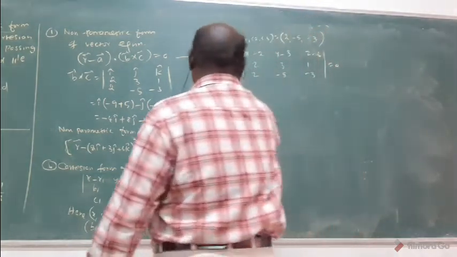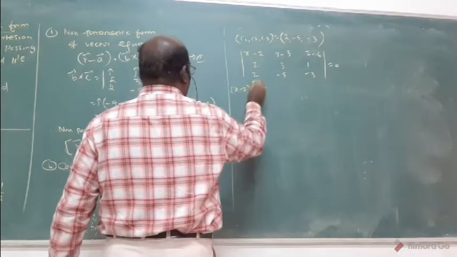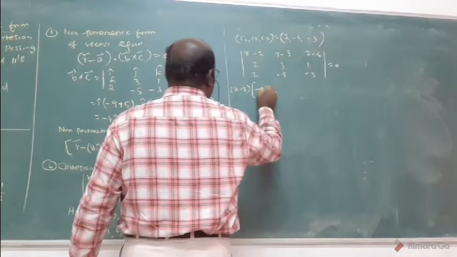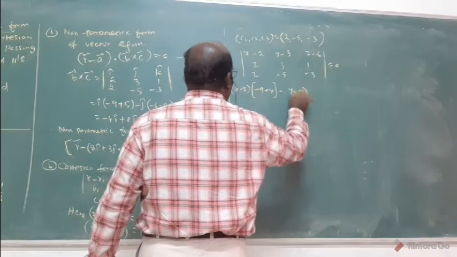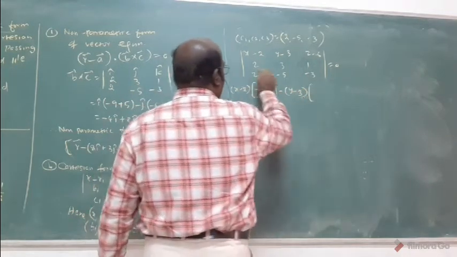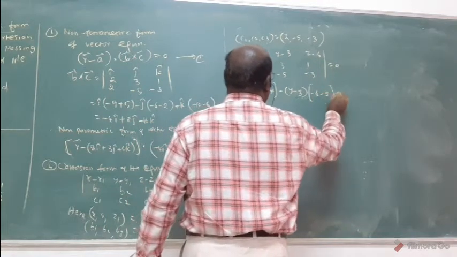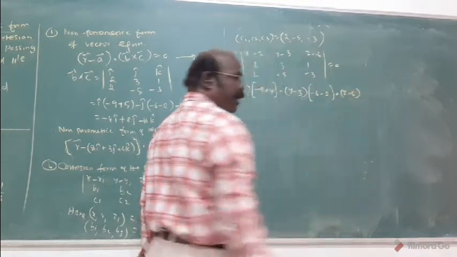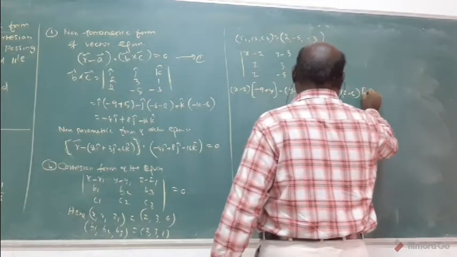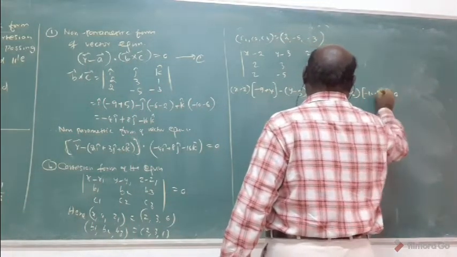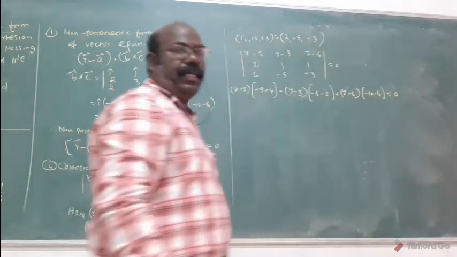Substituting, x minus 2 into the bracket, minus y minus 3 into the bracket, plus z minus 6 into the last bracket. Okay?